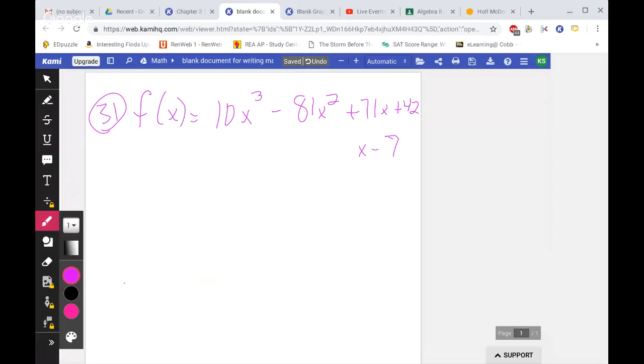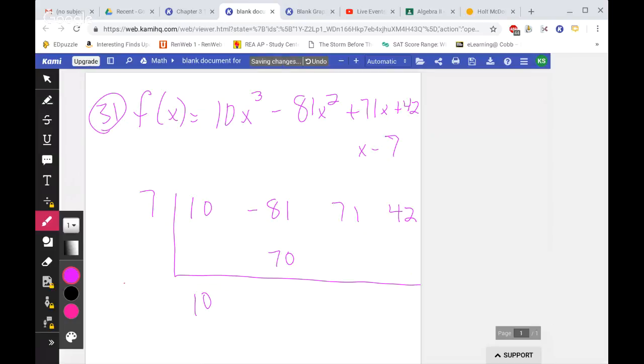So what you're going to do then is set it up synthetically, just like we have been doing, making sure once again that we don't have to have any placeholders. And we don't. It's 3, 2, 1. We bring down our first term, and 10 times 7 is 70.